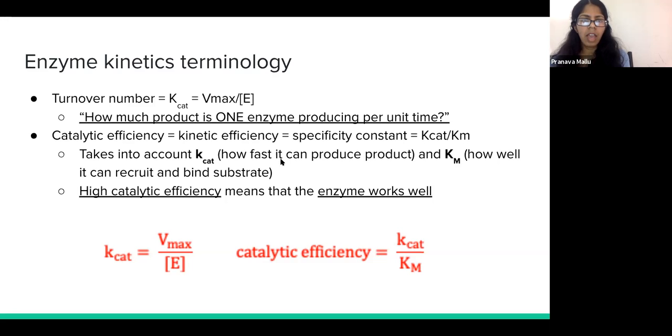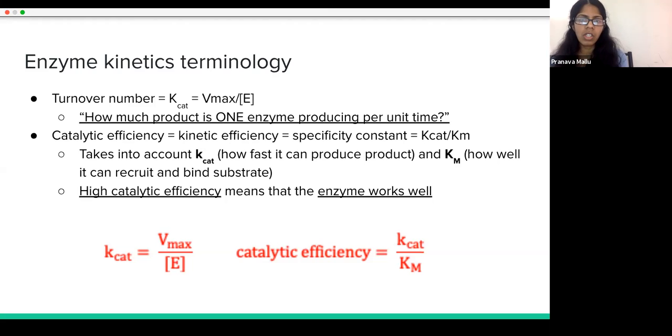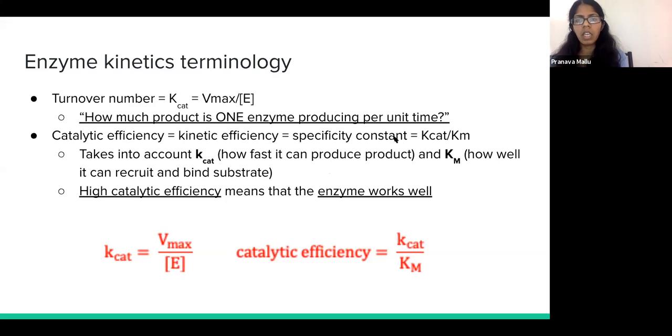And then catalytic efficiency is also known by a whole bunch of names, and you shouldn't memorize this, but understand that these all refer to the same thing because they can show up in different words. Catalytic efficiency is also called kinetic efficiency, and also known as specificity constant. The formula for this is KCAT, which we just learned, turnover number, divided by your Km.